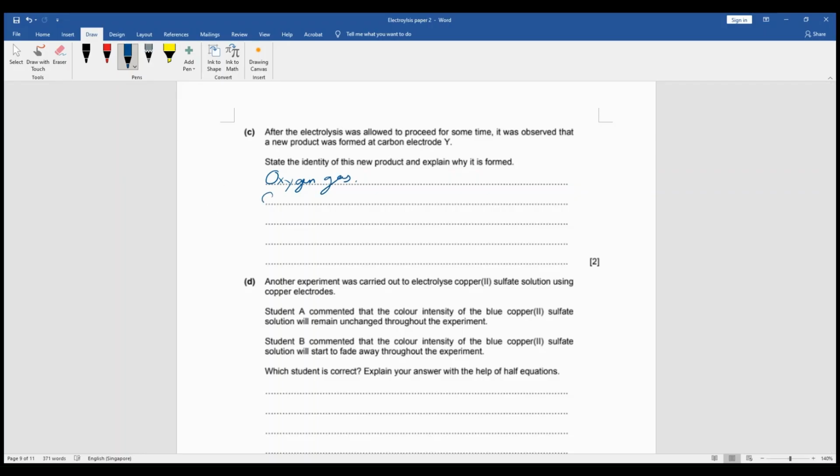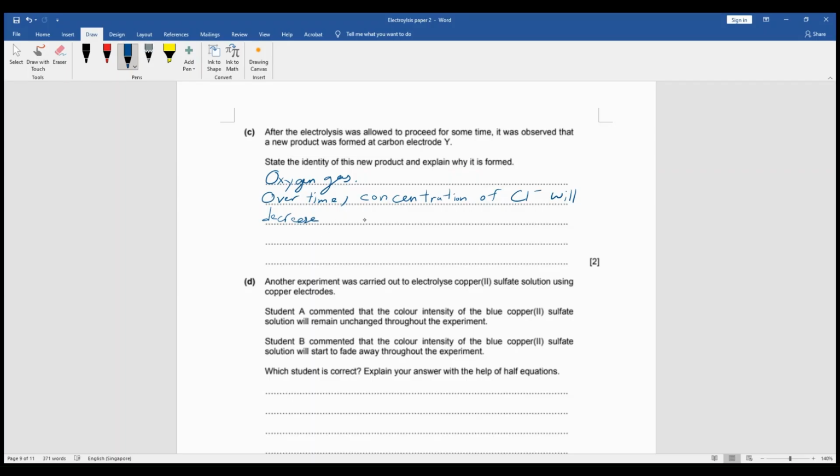Over time, the concentration of chloride ions will decrease because they get discharged.